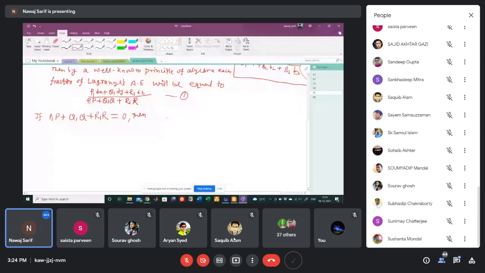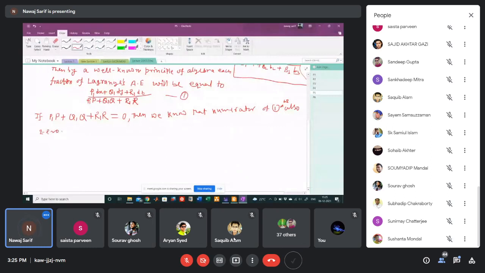Then we know that the numerator of term 1 is also 0.